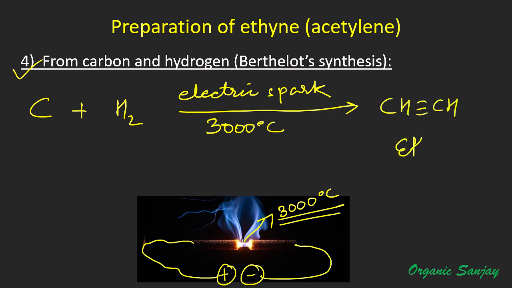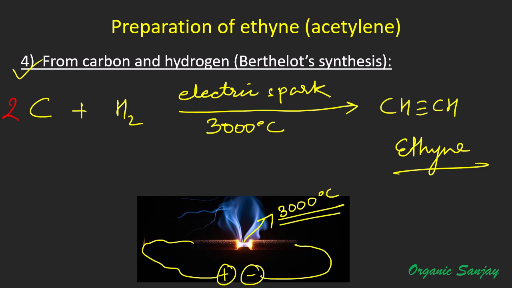In this way ethyne or acetylene is produced by Barthelot synthesis. For balancing, you can keep 2 here, and the reaction is now balanced. So these are 4 methods of preparing ethyne.